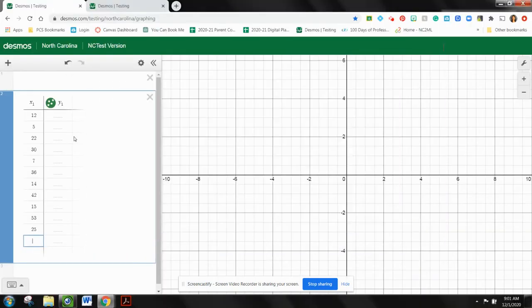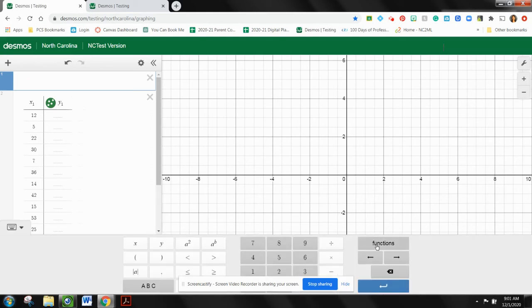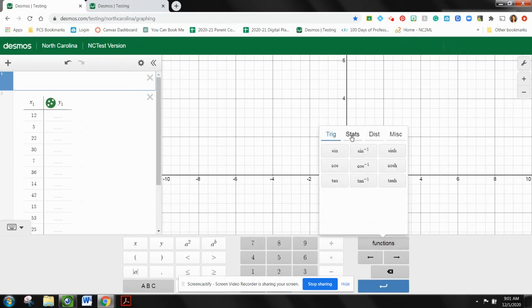So I've already done that. Here is my list. And just like we did yesterday, I'm going to open up my keyboard and go back to functions. And I'm going to be under statistics. And the first thing I want to do is actually find my values for my 5-number summary.